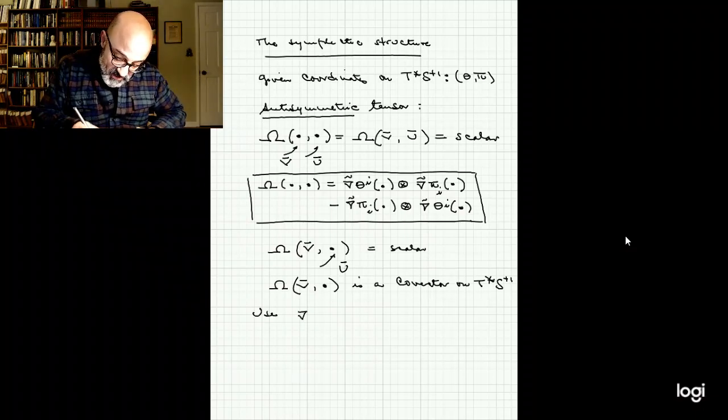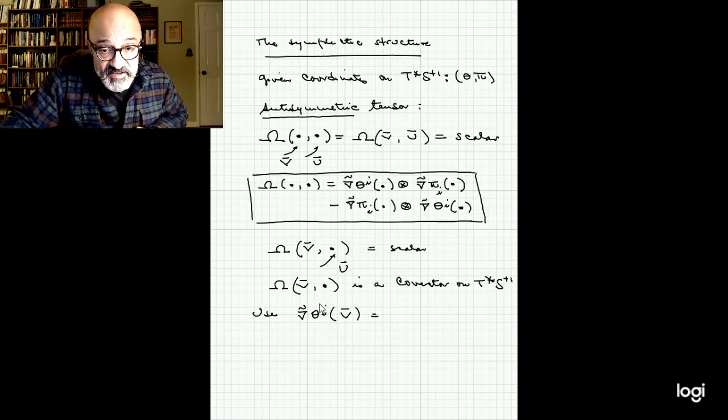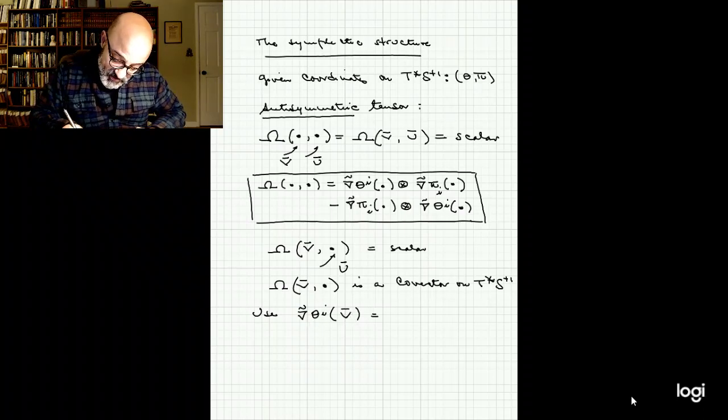The gradient of theta i acting on v. Remember that this functional here, the gradient, is linear. It's a linear operator, so this is going to be v. Well, let's just go through this slowly.